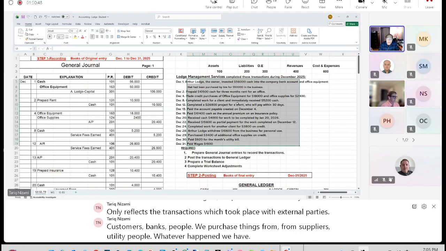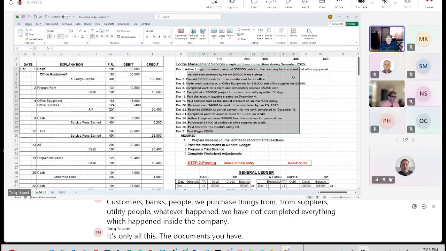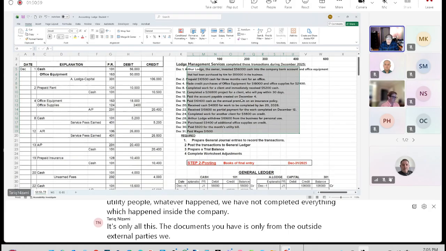We have not completed everything which happened inside the company. The documents you have are only from the external parties we dealt with. So keep that in mind.